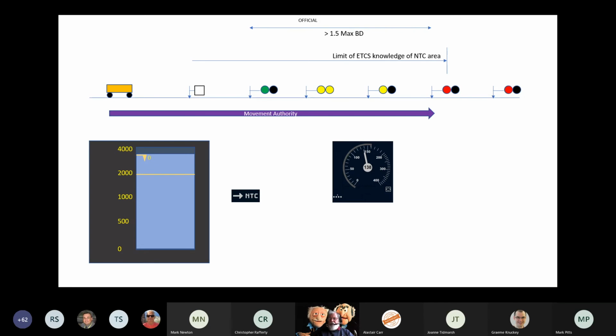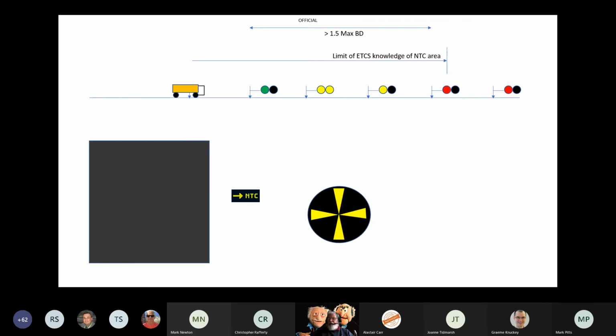Again, the driver gets the warning of NTC approaching, planning areas slowly updating. At the transition, they have to acknowledge NTC, and again, they get the AWS bell, black, they're going to a green signal. They've now got a signal section to prepare themselves before they encounter a first caution. So that all seems to work.